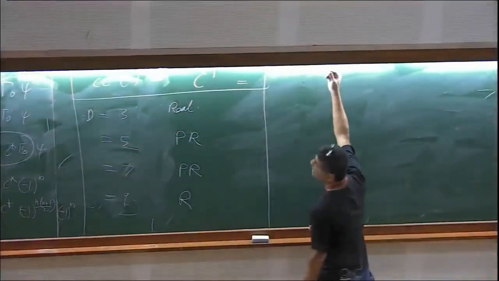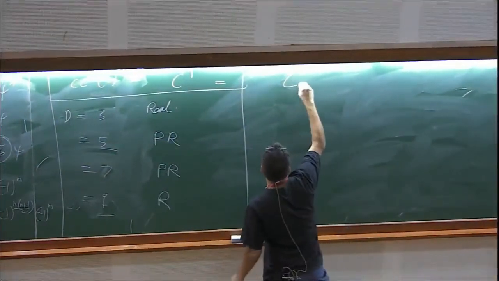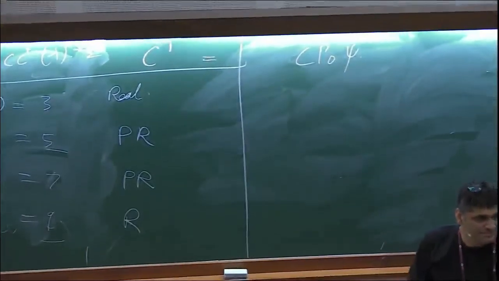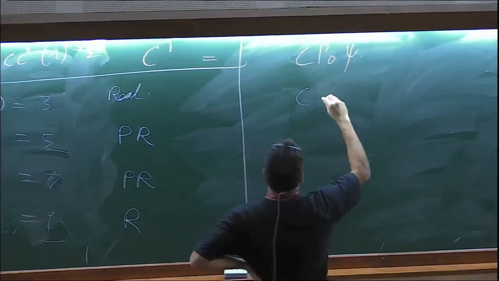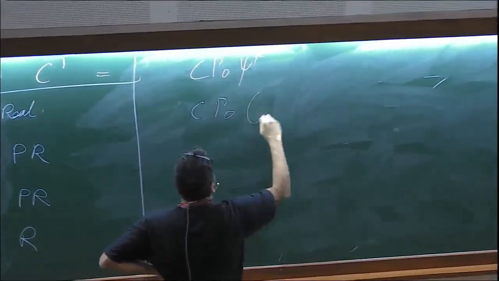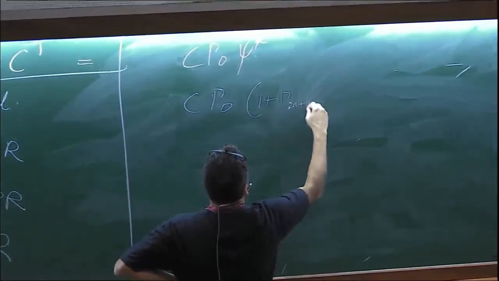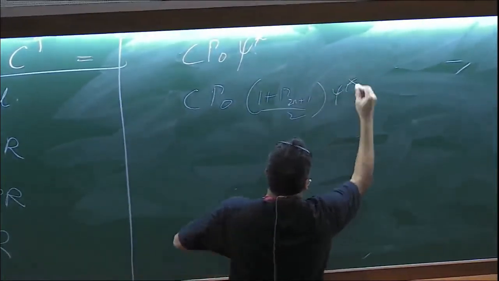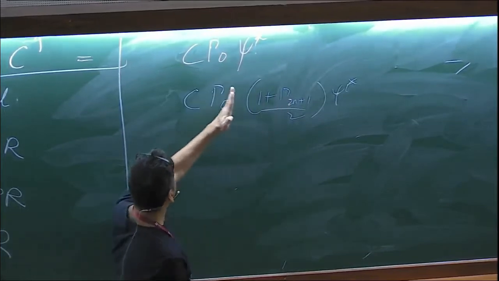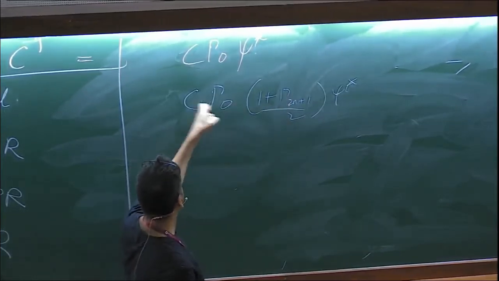Suppose we've got a chiral spinor. We want to understand what happens to C gamma 0 times psi. Because it's chiral, this is the same as psi star, the same as C gamma 0 times (1 plus gamma 2n plus 1) by 2 psi star, where I've used that gamma 2n plus 1 is real. Now I have to take this through these guys.